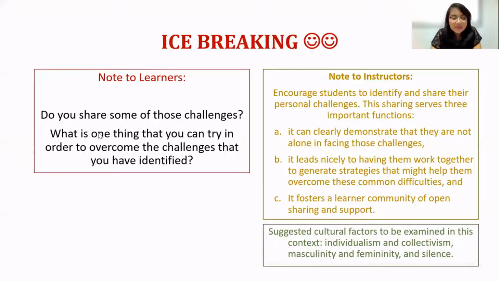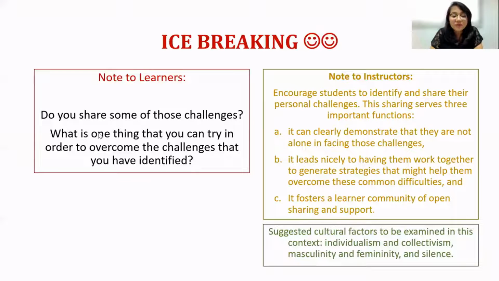And this is one last note for you if you're using this material as instructors. Before you start teaching using this material, you may review a bit about cultural factors that are relatable to the material of this lecture 3, which are individualism versus collectivism, masculinity and femininity, and also silence.